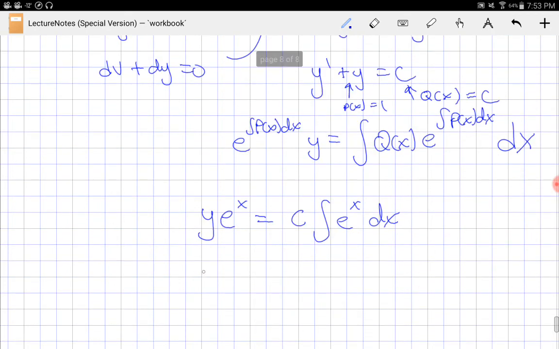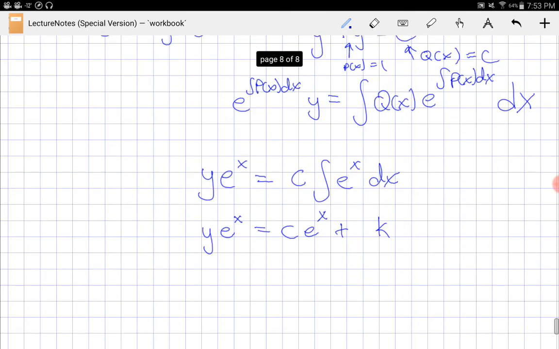Then we can integrate again. So y times e to the x equals c times e to the x plus some other constant k.